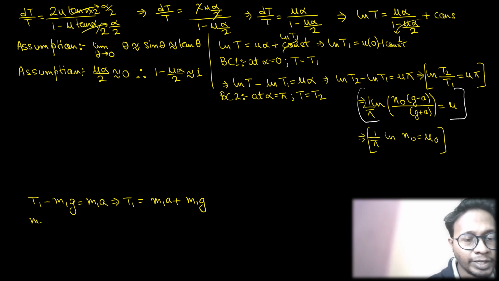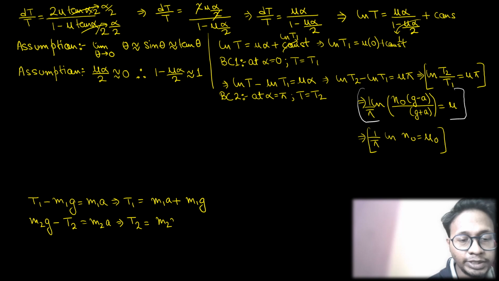Similarly, M2G minus T2 is equals to M2A, or T2 is equals to M2G minus M2A. So if I take M1 common, M1 into (A plus G), and M2 common, M2 into (G minus A).